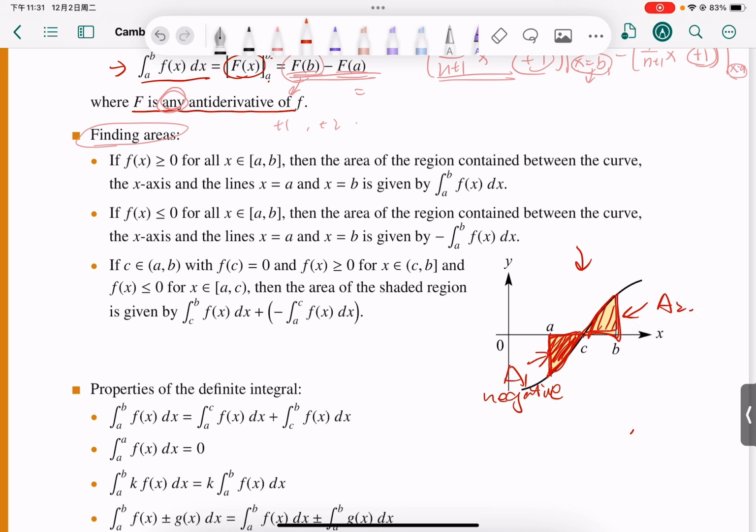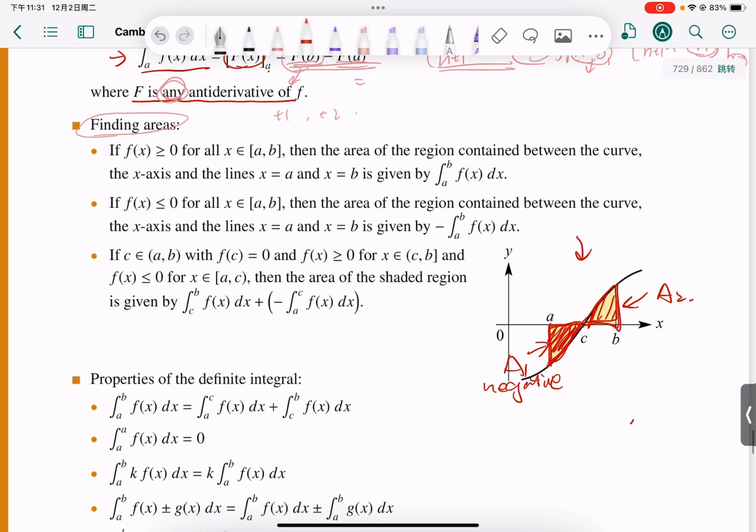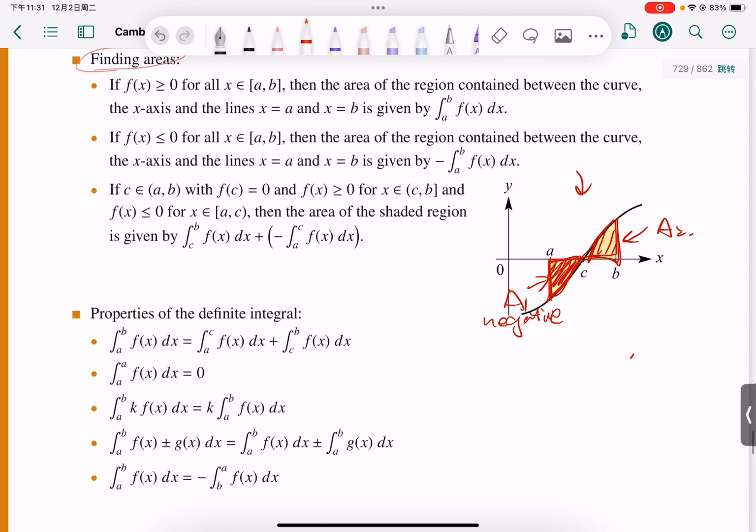There are two types of ways they can ask. What is the total area under the curve from x equal to a to b? Then our answer should be A1 plus A2, where A1 and A2 are positive because they are areas. There are no negative areas.